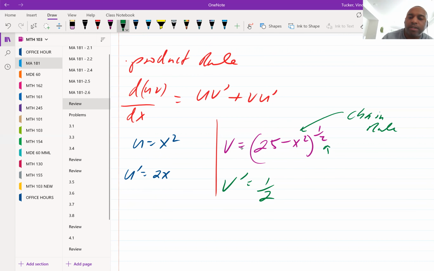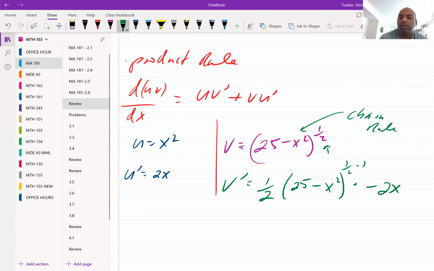I'll bring the 1/2 down. Leave the inside intact. And then 1/2 minus 1. Subtract 1 from the exponent. Then I'm going to multiply it by the derivative of the inside. Derivative of the inside is just going to be negative 2x.